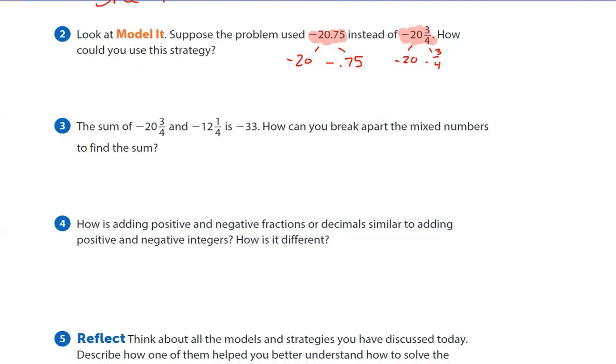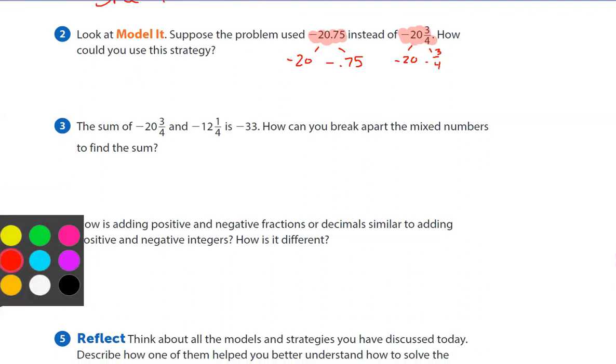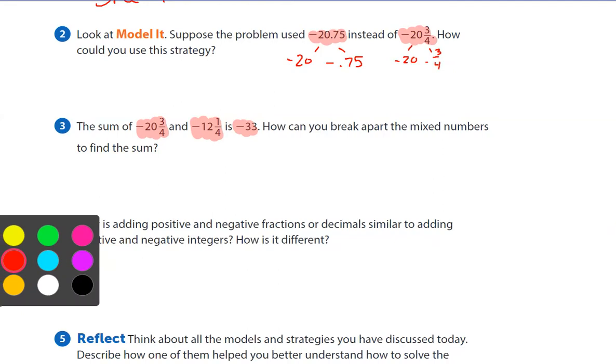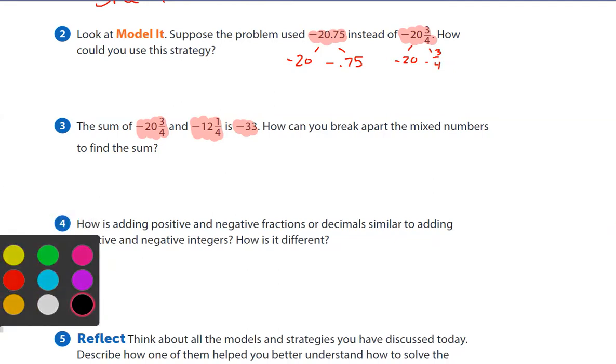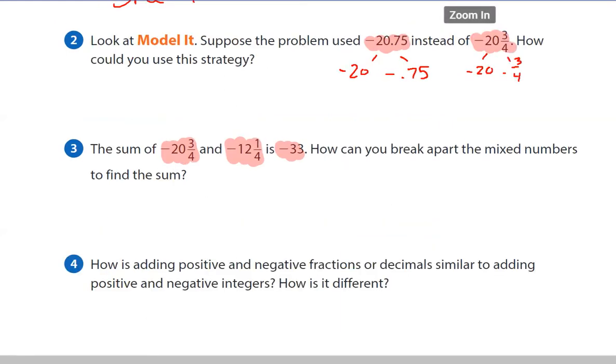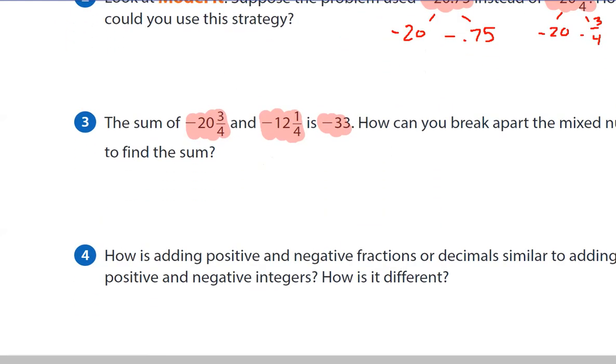The sum of negative 20 3/4 and negative 12 1/4 is negative 33. How can you break apart the mixed numbers to find the sum? Let's see. Do we want to write this out like the book has it, or do we just want to do it? I think I just want to illustrate it.